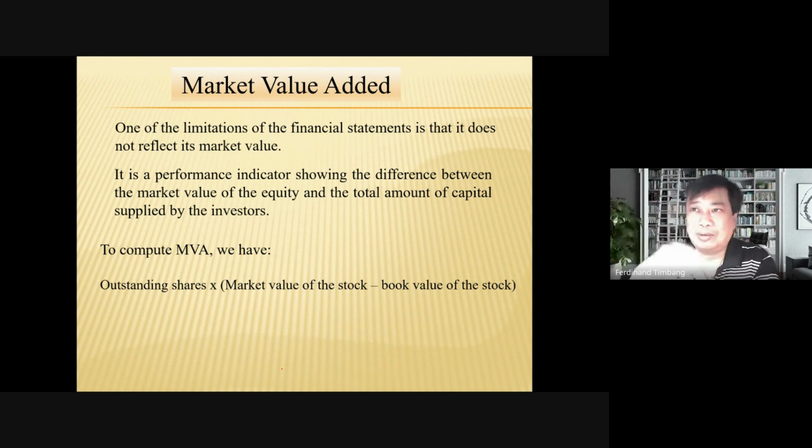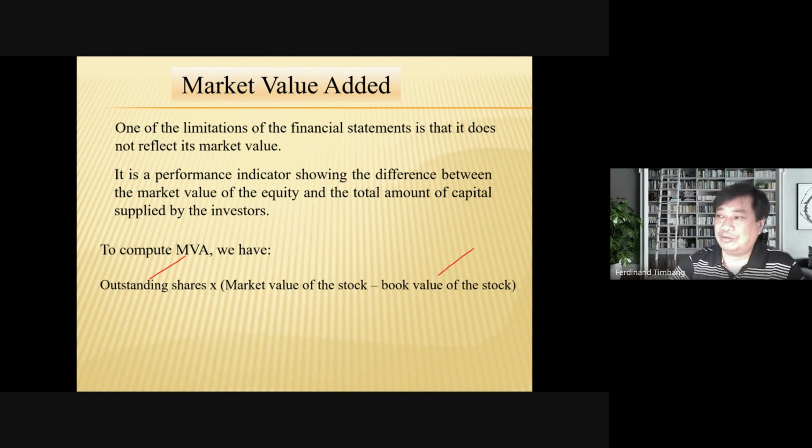Kaya tinawag siyang market value added. So yung formula natin dyan, practically is outstanding shares times the difference of market value of the stock minus the book value of the stock. Remember, the book value of the stock is coming from the financial statement of the company. No? So yan yan.